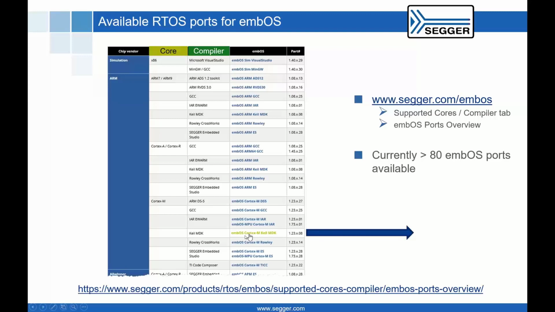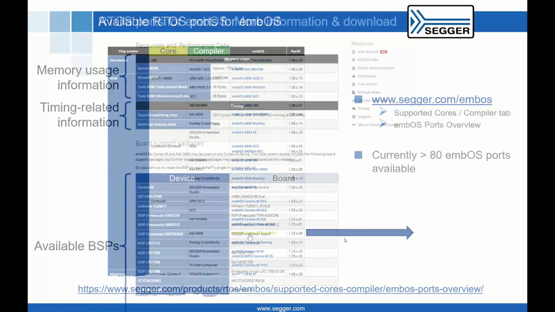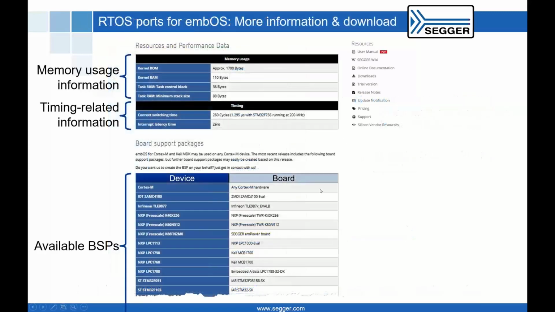So let's say, just for argument's sake, you are going to use a Cortex-M part, which is that STM32F4 on our board, and let's say you're using Keil MDK as your development environment. So you click on that, and then you get another page with more information and download options for that particular port of embOS.